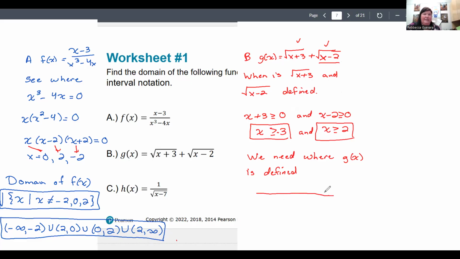Another way to think about it is like this. Here's our number line. We have 2 scenarios here. We need values that are 2 and greater, but the other one needs values that are -3 or greater. So we just take the little part here, because that's where both expressions are defined.